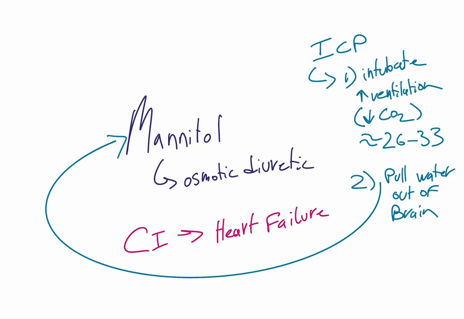This would put undue stress and preload on the heart. What you will use mannitol for is for intracranial pressure after, I repeat, after intubation and hyperventilation. So for your licensing exam, you're going to be thinking osmolality first, ADH second, then diuresis. That is how we concisely cover mannitol.